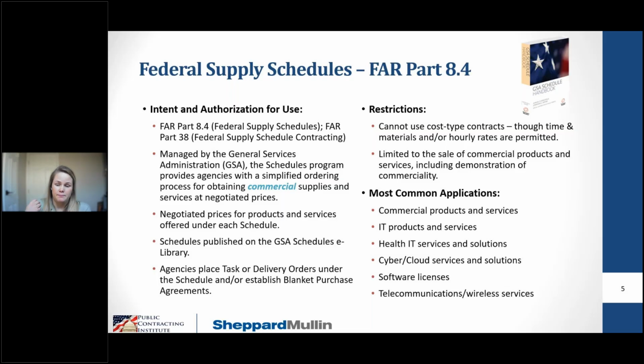So if DoD wants a stapler, they can go to GSA Advantage and search for stapler, and it'll show you all of the contract holders that are selling staplers, and they can just purchase straight from there as if it were an Amazon-type website.